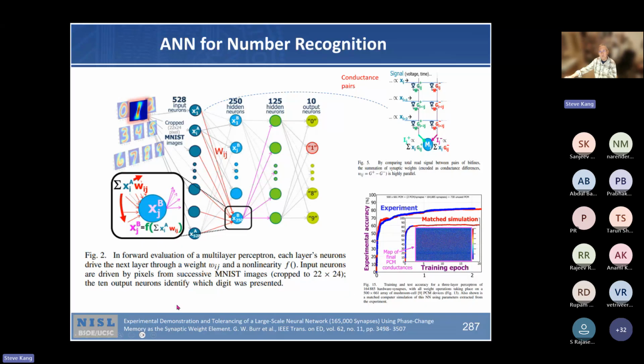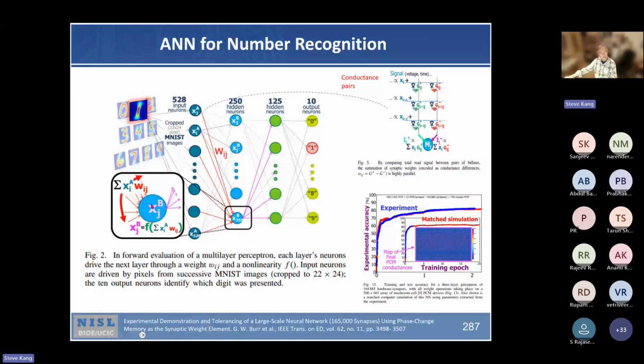They were handling both negative and positive weights. So they repeated the column twice, and then had some summing circuit to make it either positive or negative, depending on the weight. So some can be positive and some can be negative. That's how they handle it.